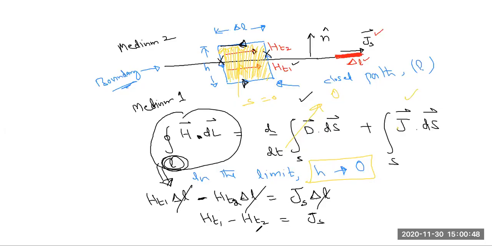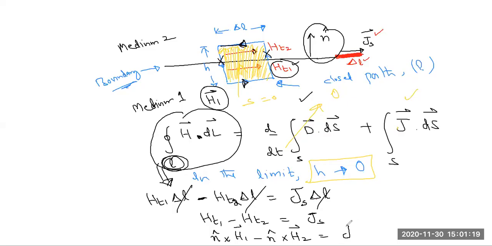And again, writing it in vector form, HT1 is nothing but the tangent component of H1. So how can I calculate the tangent component of this vector? By taking its cross product with this unit vector n. So you will say n cross H1 minus n cross H2 equal to Js.